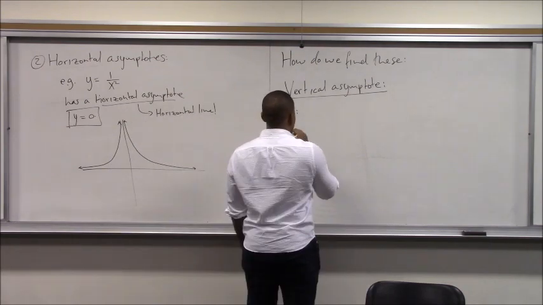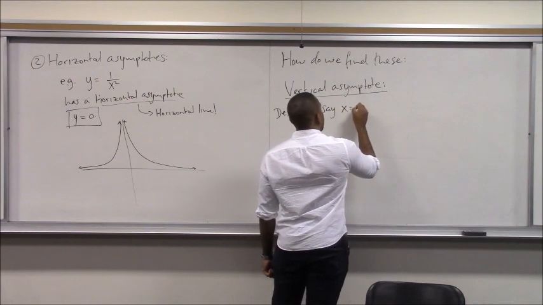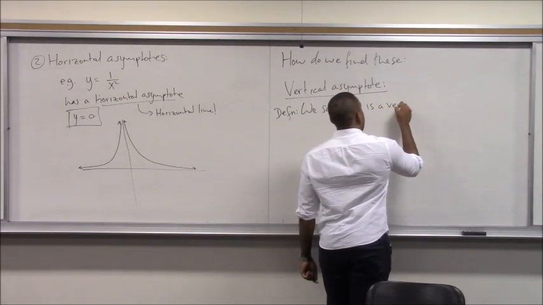But the definition will be the following. We say x equals a is a vertical asymptote.